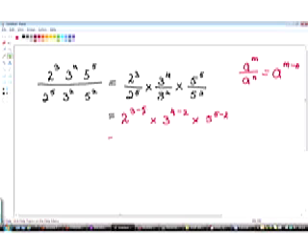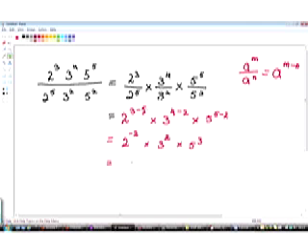So we end up with 2 to the 3 minus 5, which leaves us with 2 to the negative 2, multiplied by 3 to the 4 minus 2, which leaves us with 3 to the power 2, multiplied by 5 to the 5 minus 2, which leaves us with 5 to the power 3.